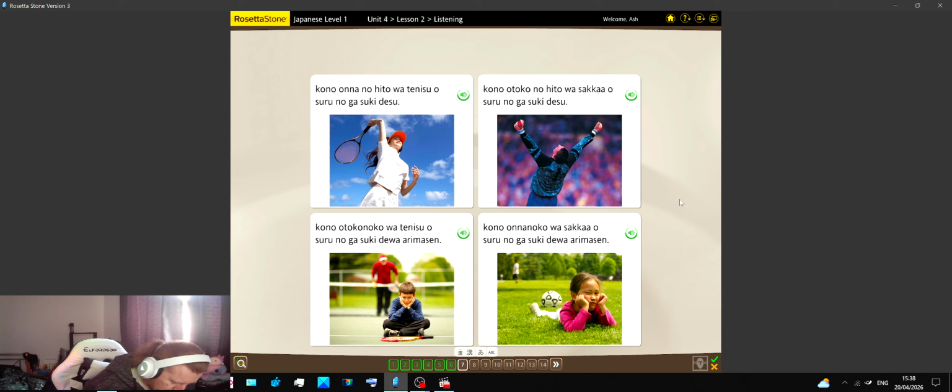Tennisu osaka or suru. Yes, we've got those bits there. Noga suki. And then it's either going to be des slash dewa arimasen. I'll just put a hole in my example page in the margin. This is just rough notes of this stuff.